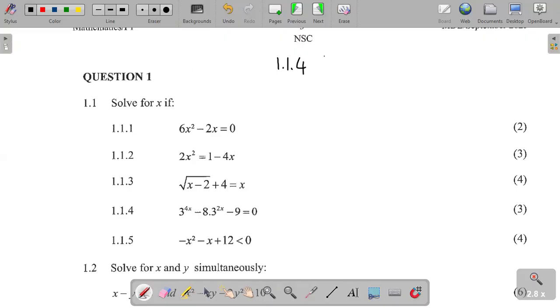So it's 3 to the exponent 4x, then minus 8, and then 3 to the exponent 2x equals to 0.